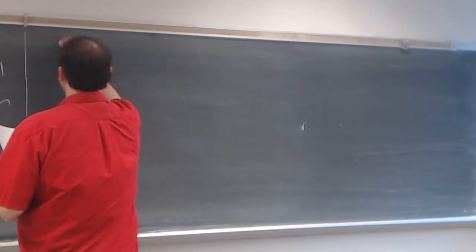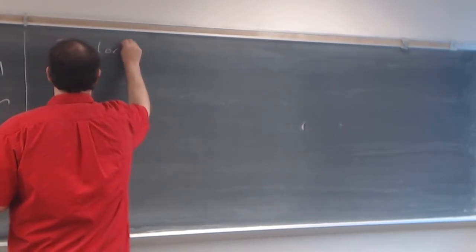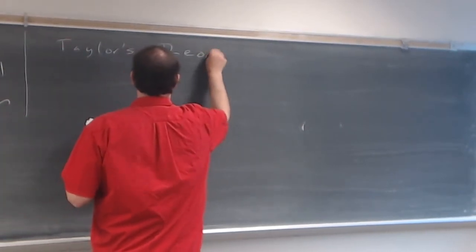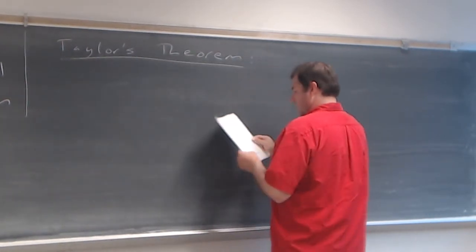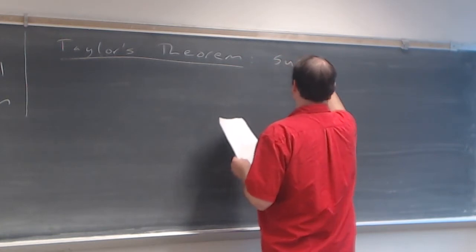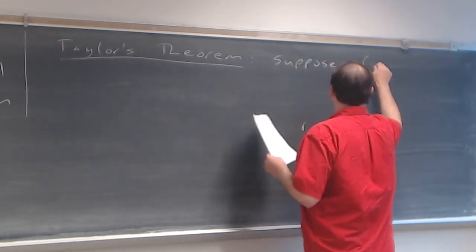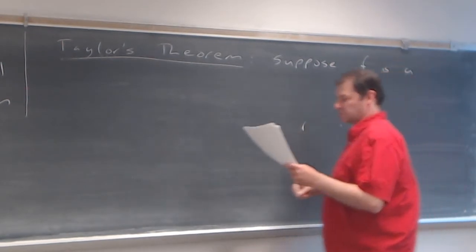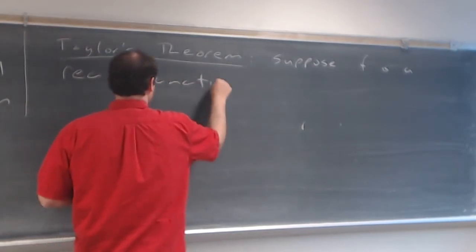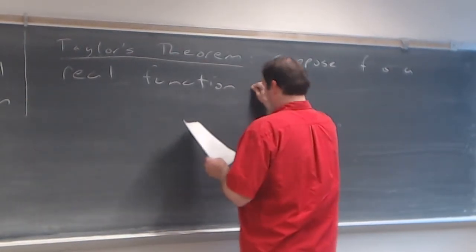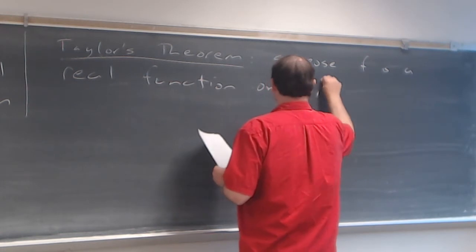Having reminded you about factorials, we're ready to write up Taylor's theorem. So here's Taylor's theorem. It says, suppose f is a real function on the closed interval from a to b.